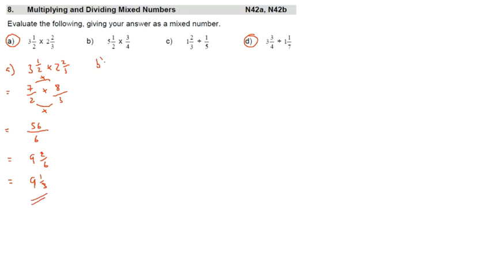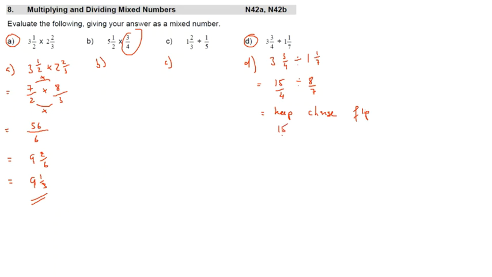So I'll leave B and C for you to do by yourselves. They're actually easier because these are already fractions. And then question D, so 3 3/4 divided by 1 1/7. So what's this going to be? 15/4 divided by 8/7. And now if I'm dividing, you keep, change, flip.